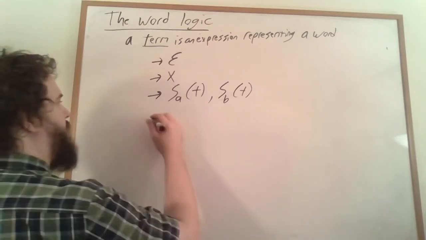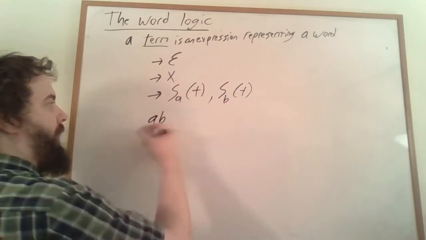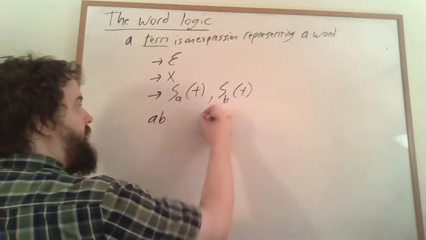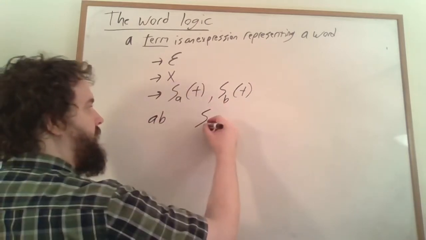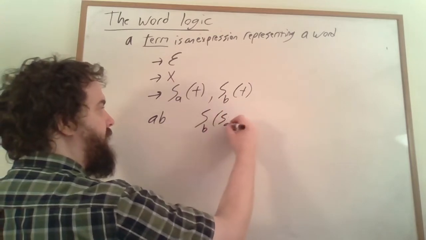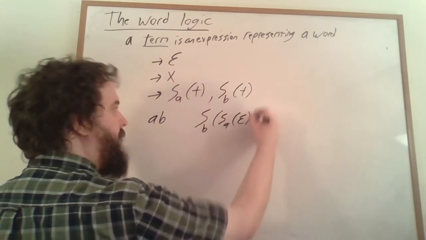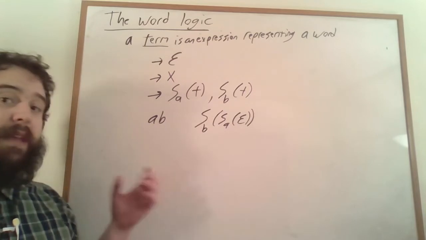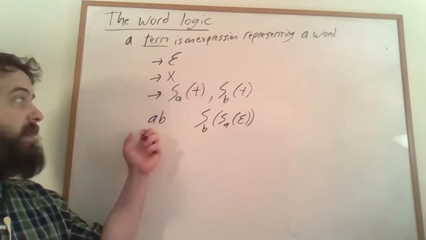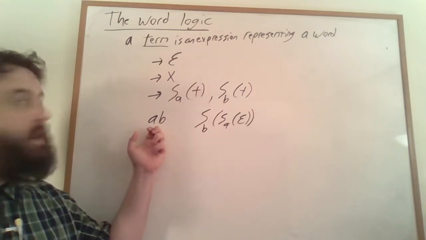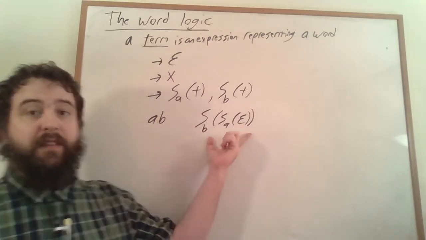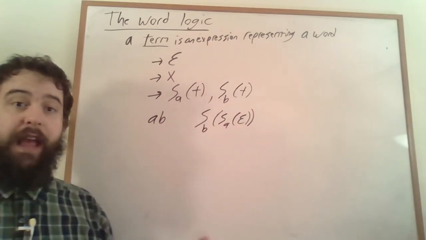For instance, I'll use the word AB to represent the expression, the successor B of the successor A of the empty word. But it'll always be in circumstances where it's clear how we can take our shorthand and turn it into pieces of just the original language.